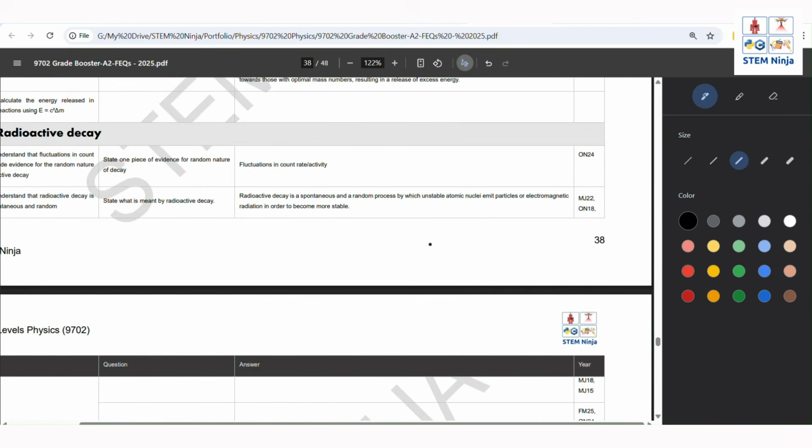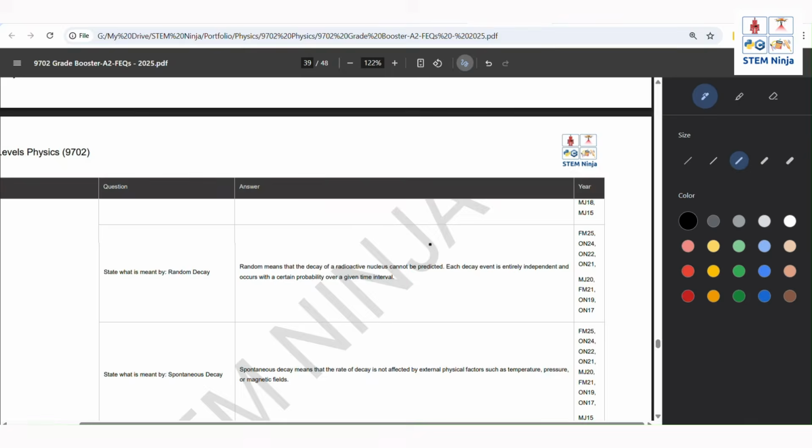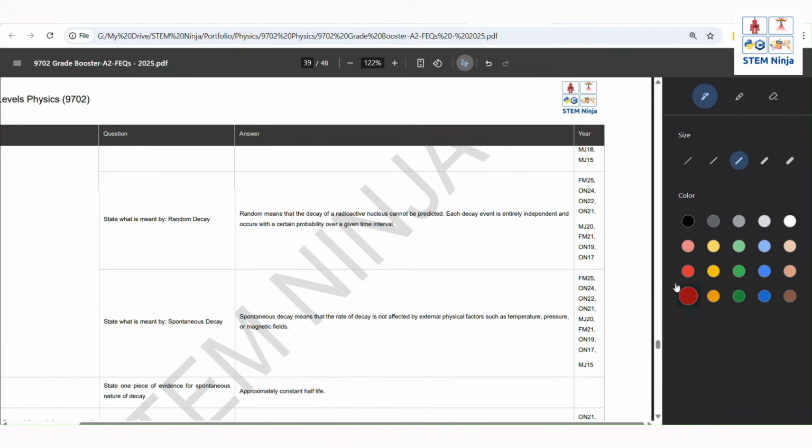Okay, as you can see, so many years written by. So this means that these two are very frequently examined. So random means that the decay of a radioactive nucleus cannot be predicted. Each decay event is entirely independent and occurs with a certain probability over a given time.